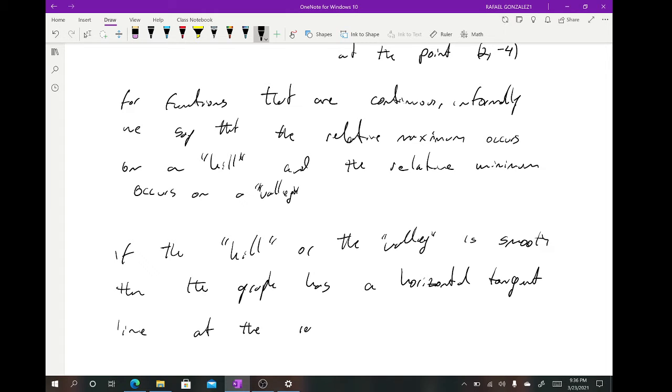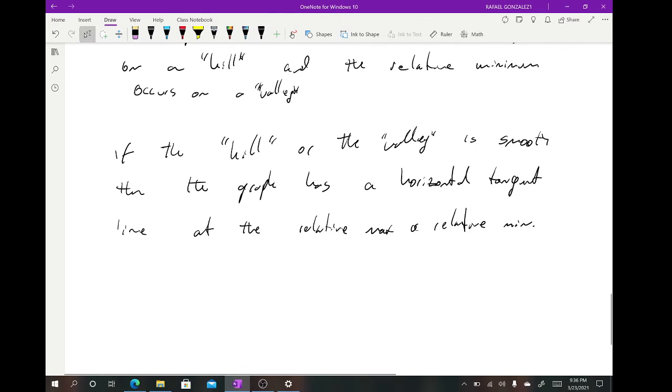So at the relative max or relative min. This is going to be important later on in a few minutes.